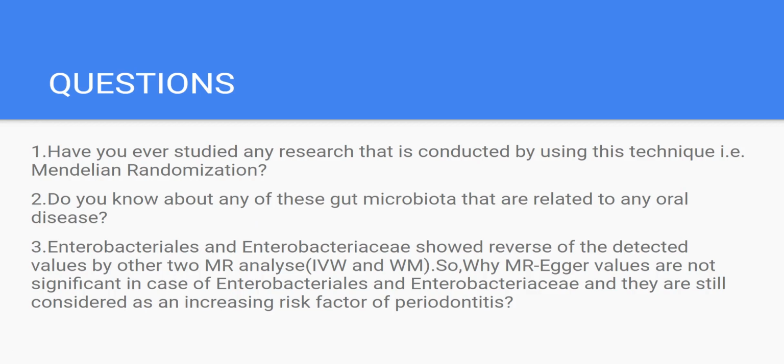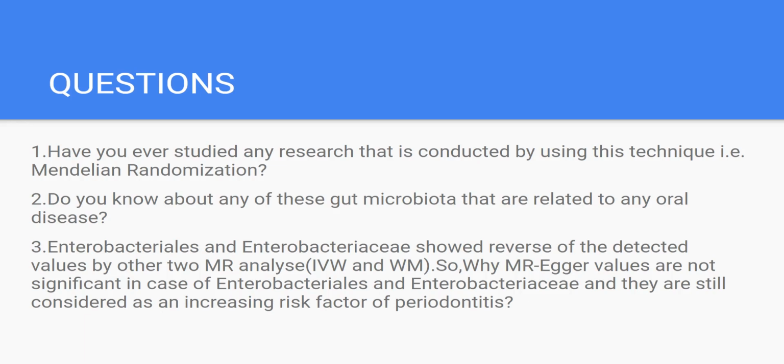And the third is, the two gut microbiota, that is Enterobacterales and Enterobacteriaceae, showed a reverse effect in the detected values of the other two MR analyses. Okay, so why are the MR-Egger values not significant in the case of Enterobacterales and Enterobacteriaceae, and they are still considered as increasing the risk of periodontitis?